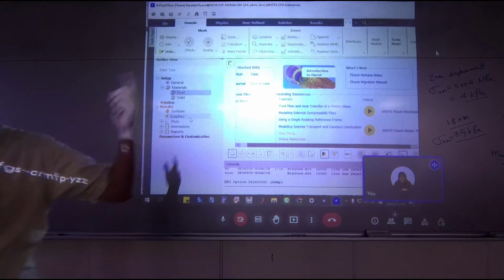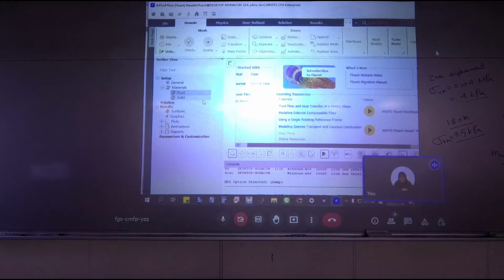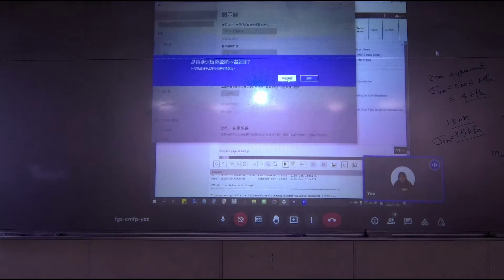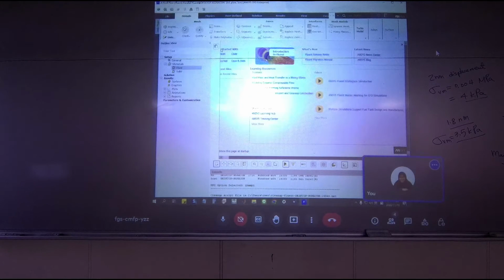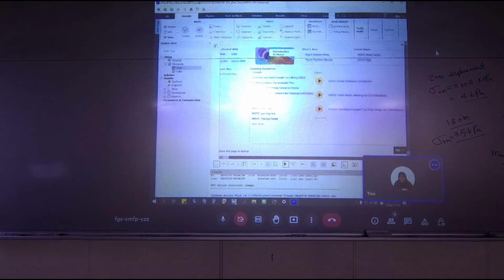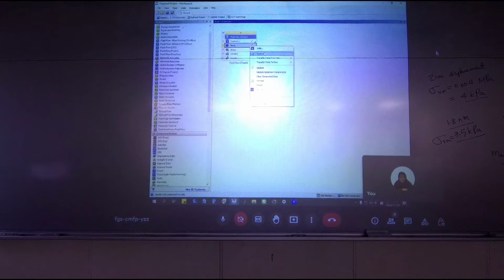Okay, this is a new interface. I have never seen this before. 你调一下解析度，电脑。 好，我再调。 Okay, try this. Maybe I close this first. The most important thing should be set up.